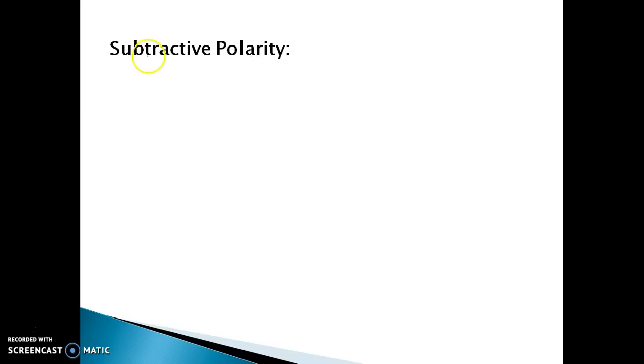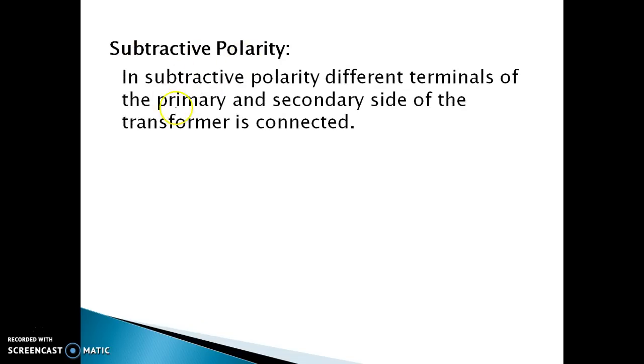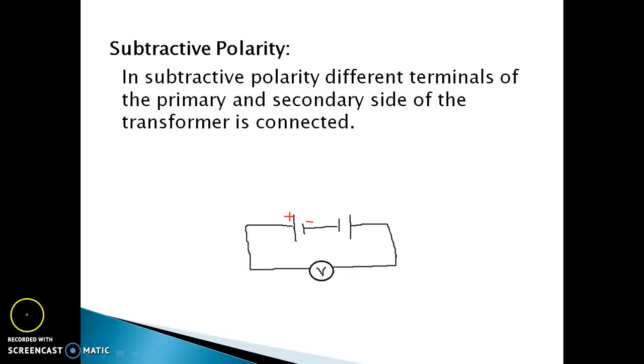Let's see the second one, which is the subtractive polarity. In subtractive polarity, different terminals of the primary and the secondary side of the transformer are connected. Let's see again a simple example of subtractive polarity. Here again the two voltage sources are connected in series with one voltmeter. These two voltage sources are connected in an opposite fashion. That means as per the basics we know the direction of the voltage source.